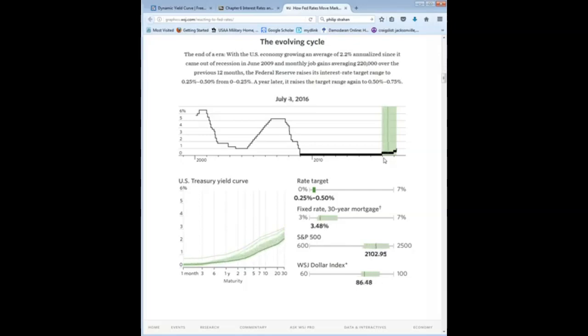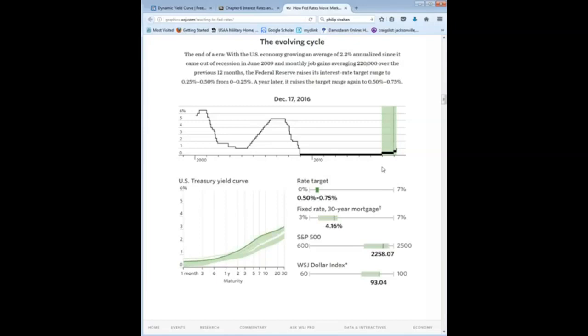And we can see that across time, the shape of the yield curve is changing, and the markets are reacting to expectations, what's going to actually happen. Interest rates have actually fallen a bit now in the 30-year mortgage rate.